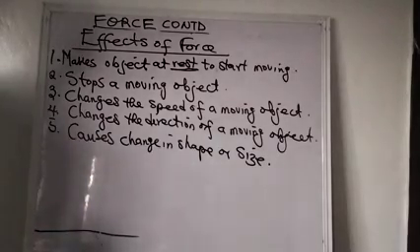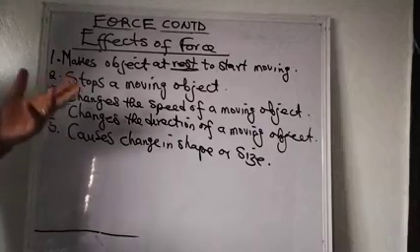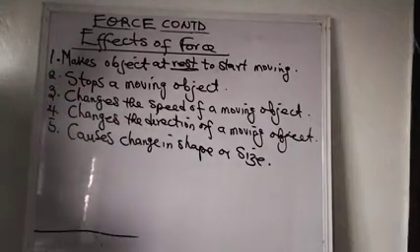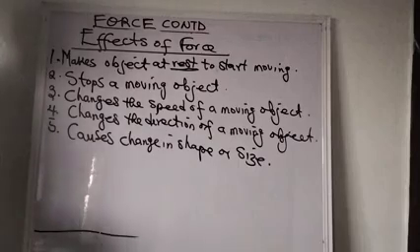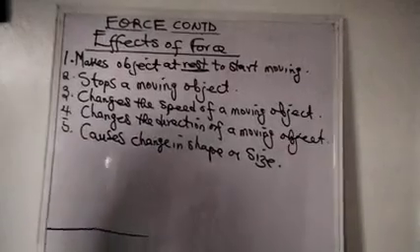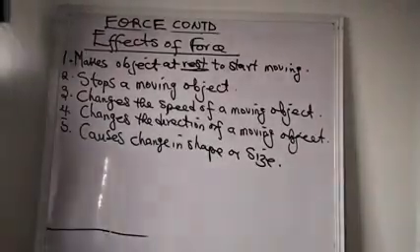Now let's talk about number 3. Force changes the speed of a moving object. Of course, one person might be pushing a car. As you are pushing the car, it's moving at a particular speed.